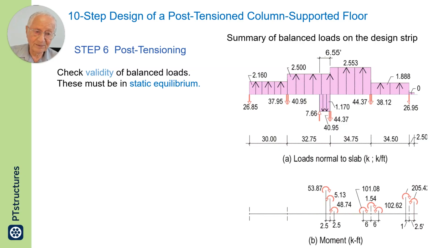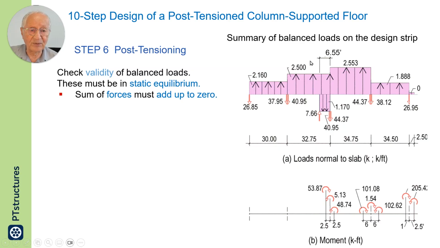Always in equilibrium. So for this to be correct, it should be in equilibrium. Sum of forces must add up to 0. In other words, if in the upper diagram I add up the forces up and down, they must add up to 0.